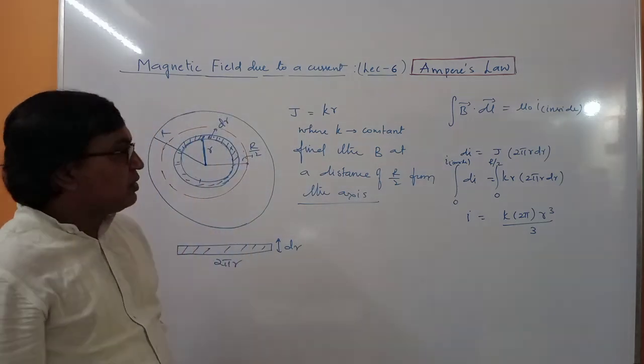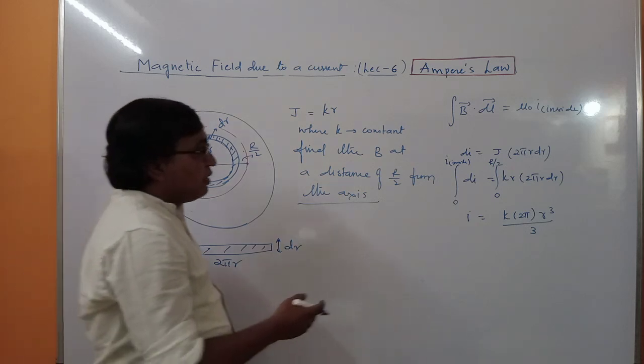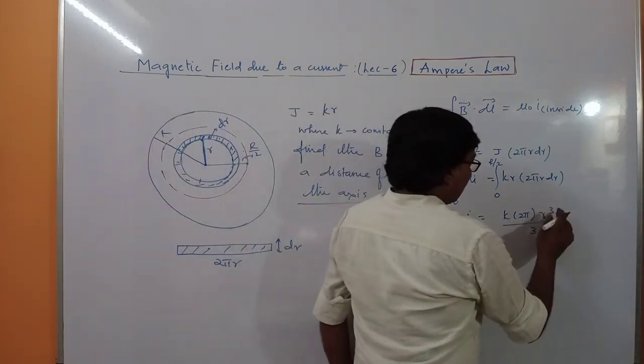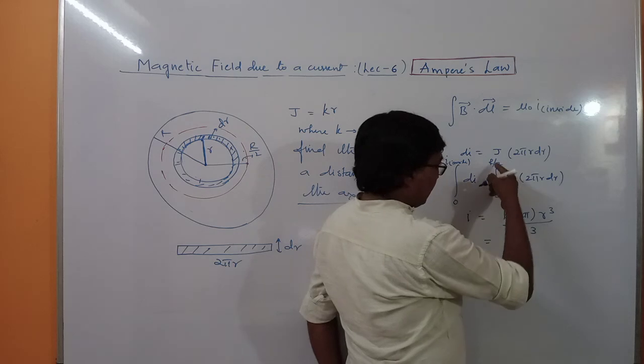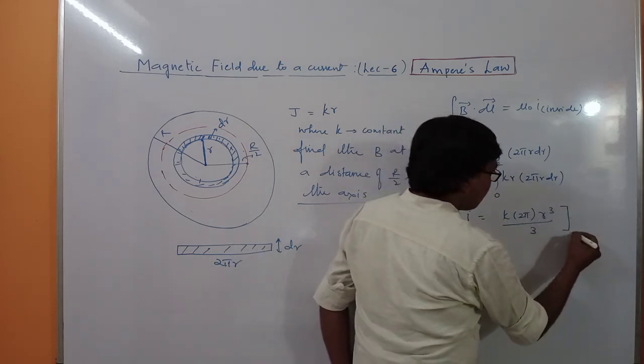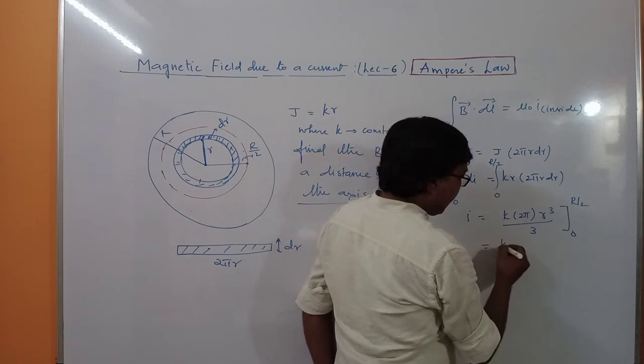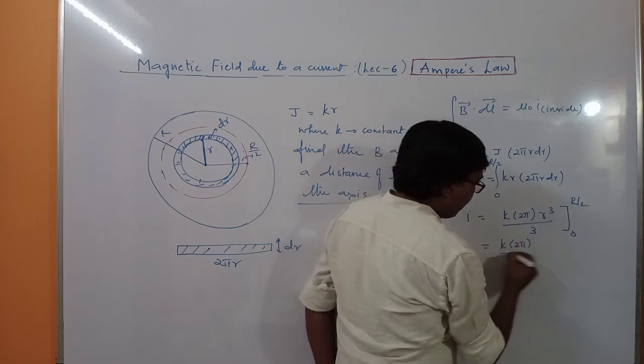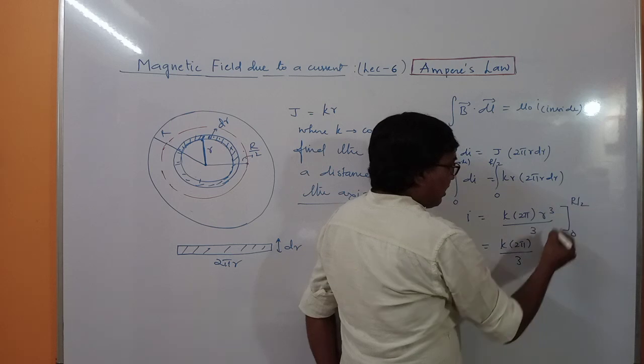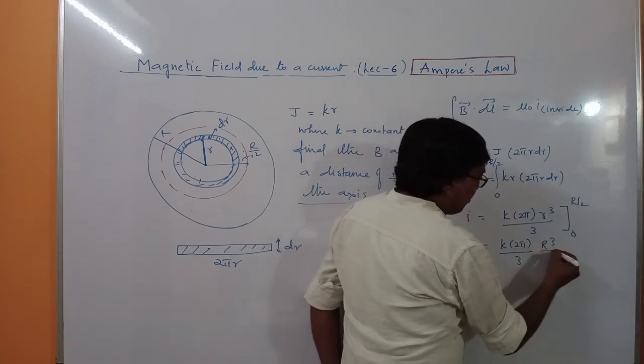Now let us put the limits, 0 to R by 2. So k into 2 pi by 3 into capital R cubed by 8.